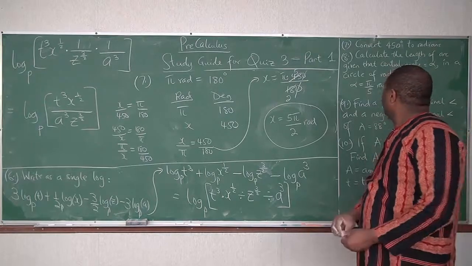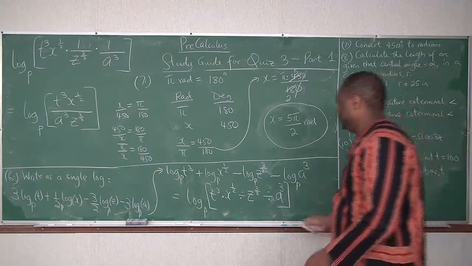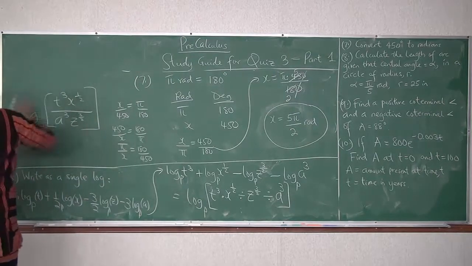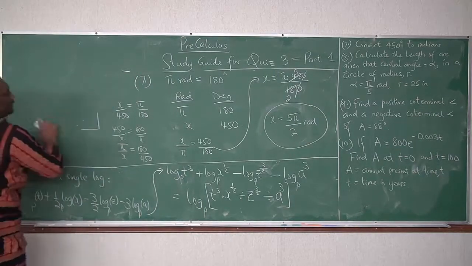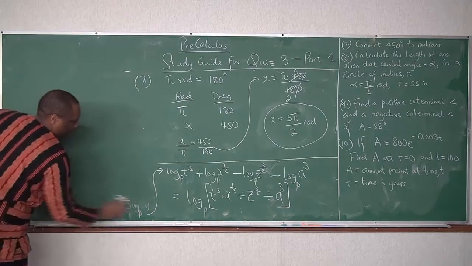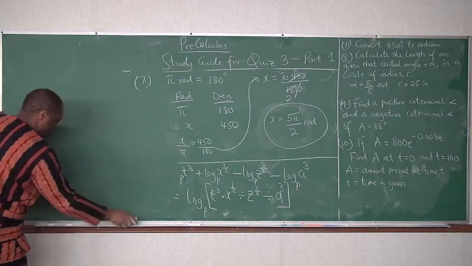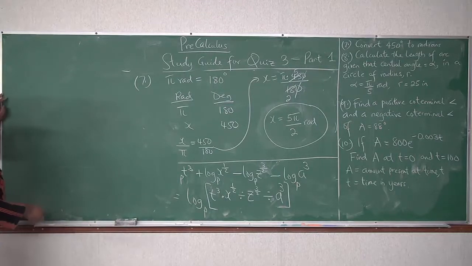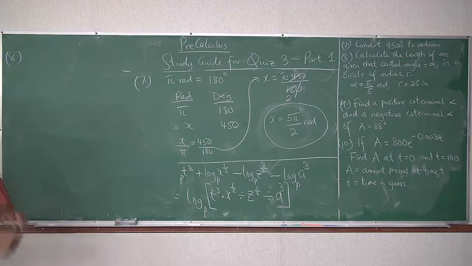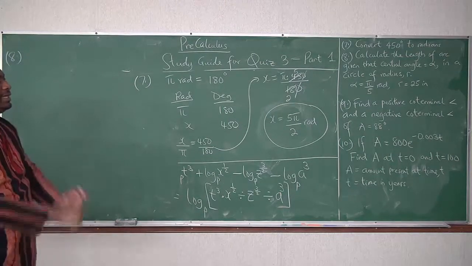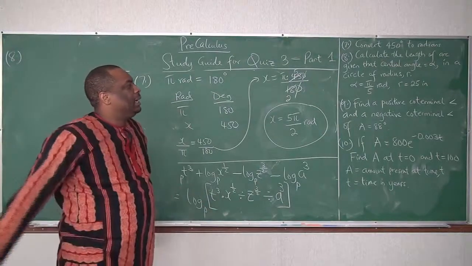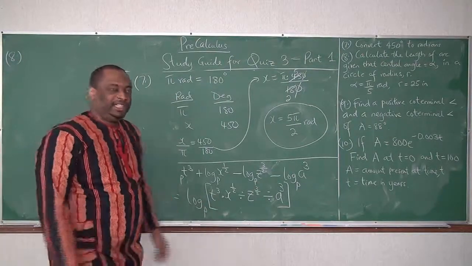Okay, next one, question 8. We are getting there. Question 8. We have find the length of arc. So given that the central angle is alpha, which is pi over 5 radians, and r is 25 inches.